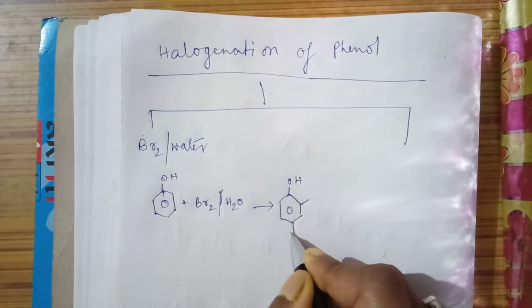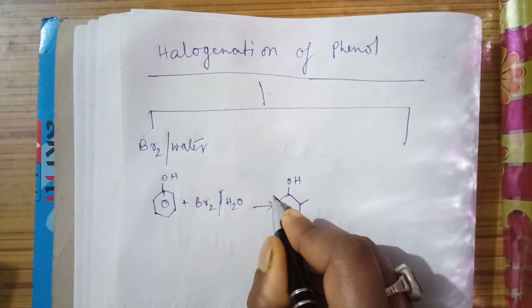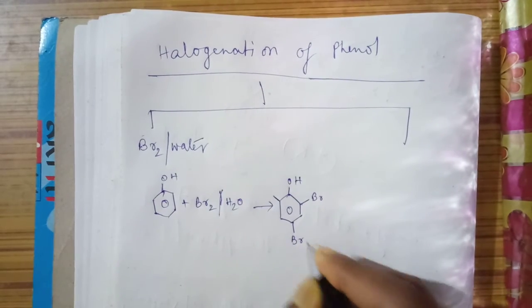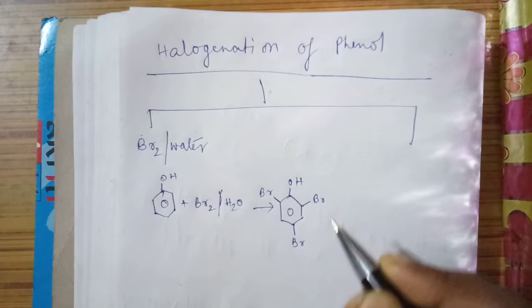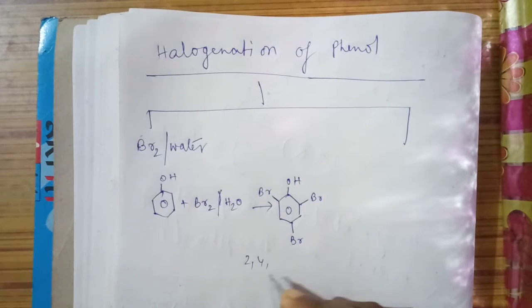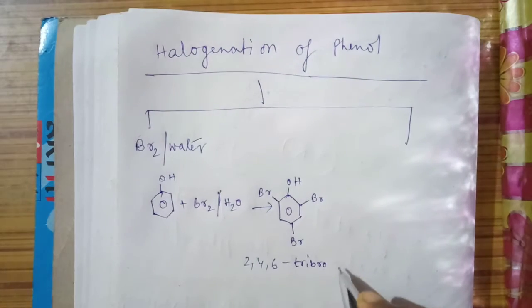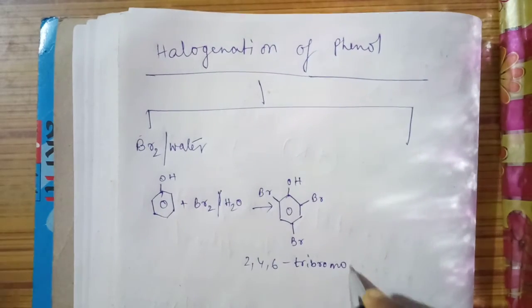This is the second position, the fourth position, and this is the sixth position. Bromine will be there. So 2, 4, 6 tribromophenol.